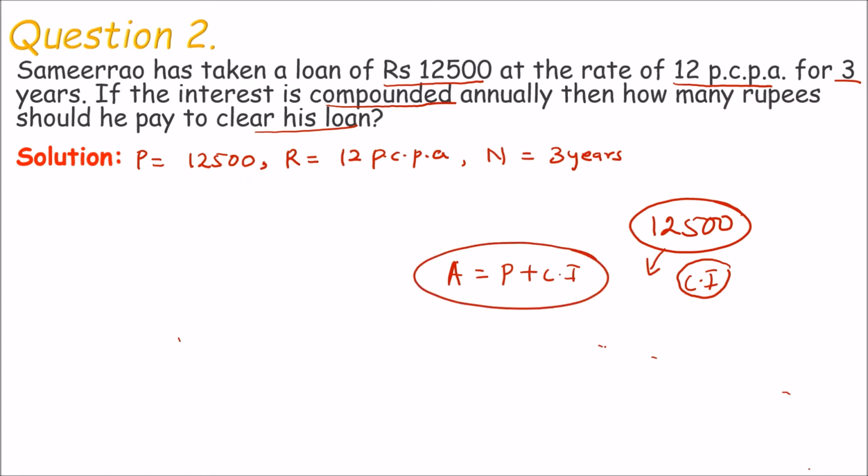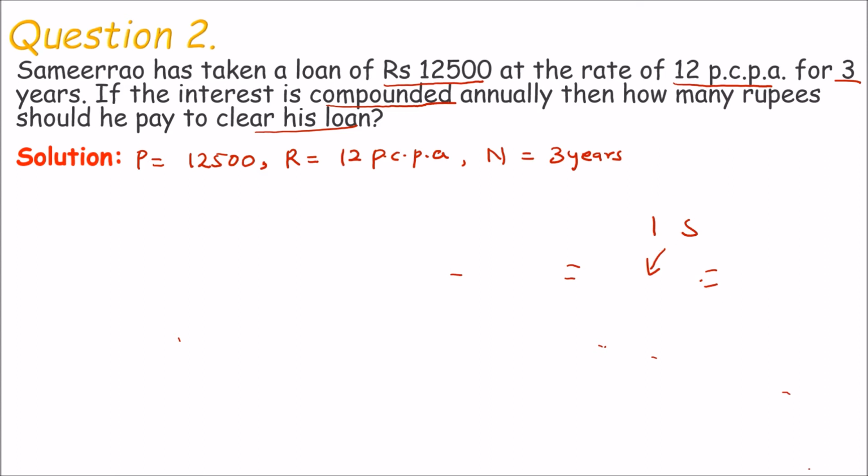He has to pay principal as well as compound interest. That's why we have to find A, the amount he has to pay to clear his loan.